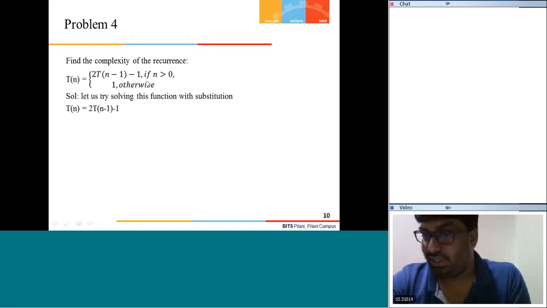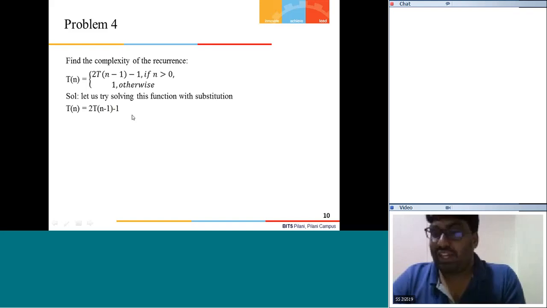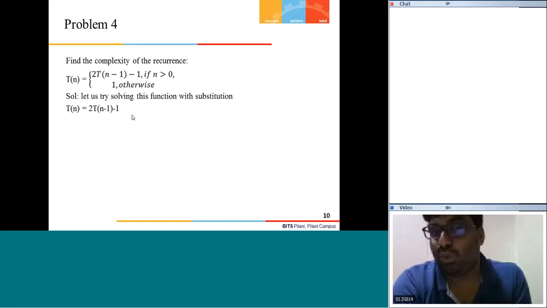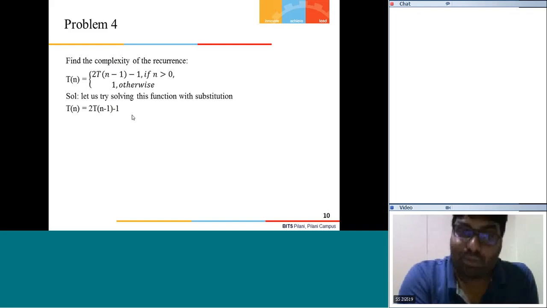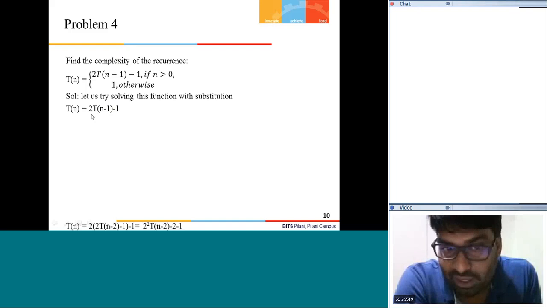Okay, let's start. T(n) is always the base condition. You see, this is T(n-1) + 1. Now in the substitution method, T(n) should be substituted. If it is T(n), what is here? 2T(n-1) + 1. But what is this? This is T(n-1). You're getting my point?